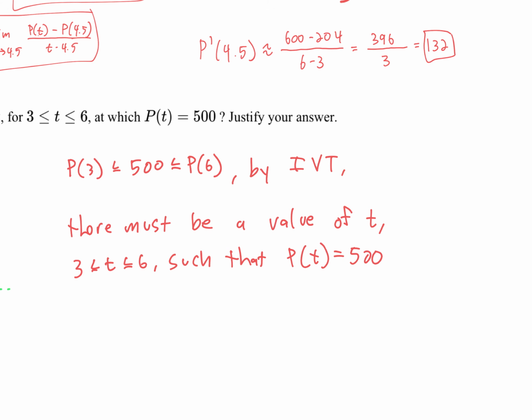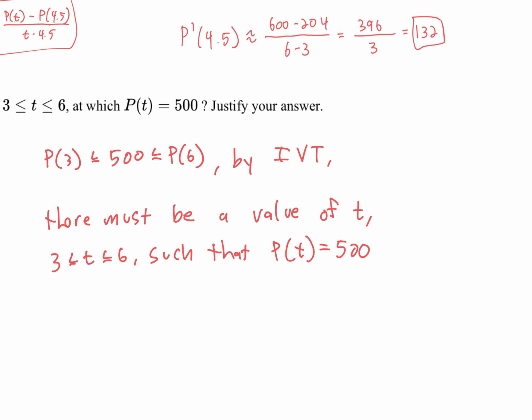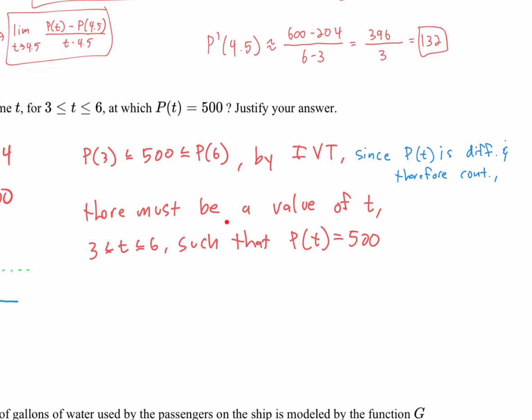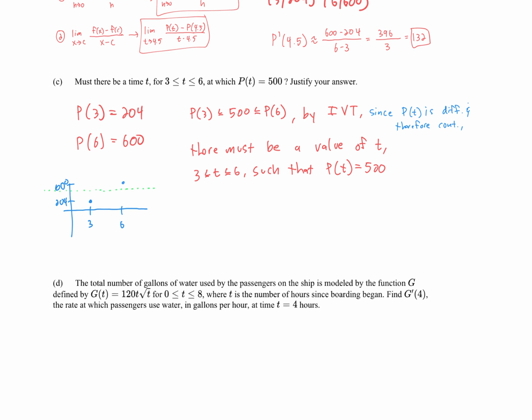So we really have to say that anytime you use the intermediate value theorem. So we'll say by the intermediate value theorem, and I'll put off to the side, since p is differentiable and therefore continuous, and then we can pick up where we left off: there must be a value of t between 3 and 6 such that p of t equals 500. Something like that, but there'll be different ways to explain that.